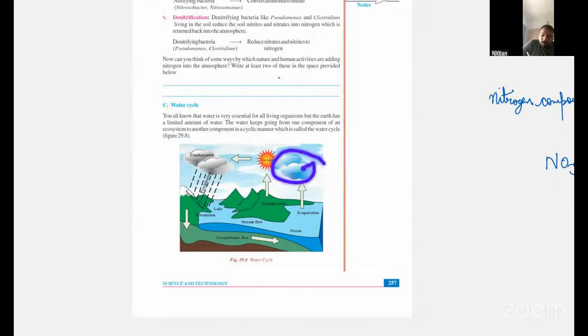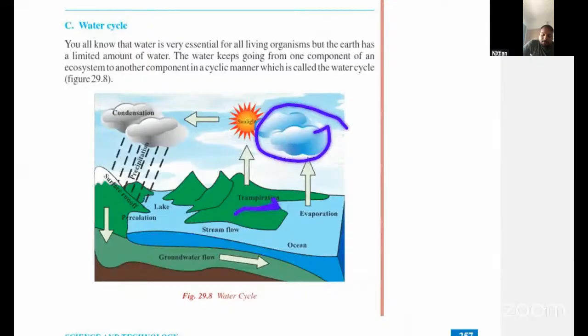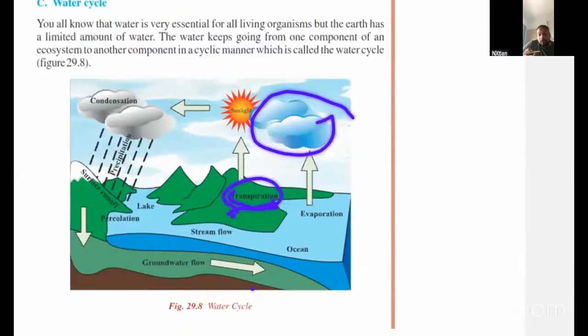There is a word written as transpiration. Now, what is transpiration? As I told you before, transpiration is the loss of water from the plants. And I told you before also that desert plants do not make their food in the daytime. Every plant does photosynthesis.